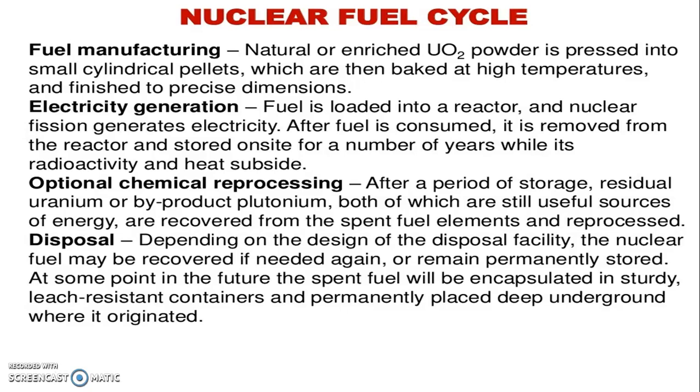Depending on the design of the disposal facility, the nuclear fuel may be recovered if needed again or remain permanently stored. At some point in the future, the spent fuel will be encapsulated in a sturdy, leach resistant container and permanently placed deep underground where it originated.